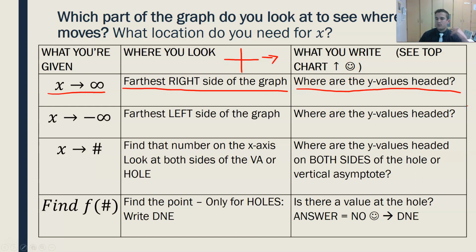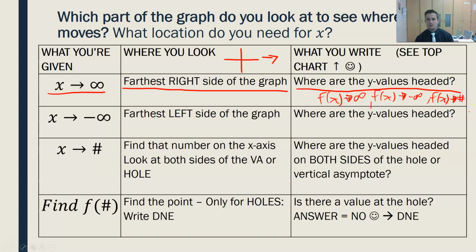So if I look at my previous chart, if I'm asked what happens as x approaches infinity, f of x could be going to infinity, f of x could be going to negative infinity, or f of x could be going to a particular number. It could be approaching just one specific number.